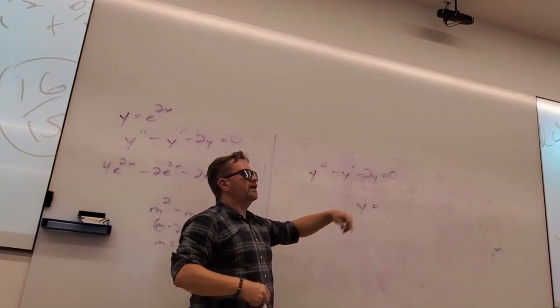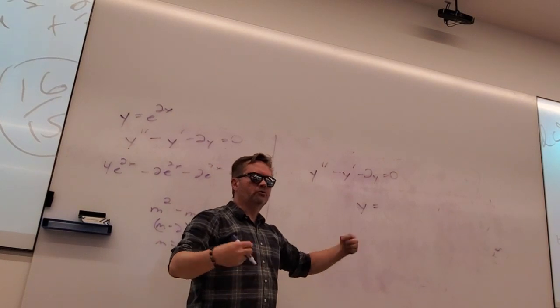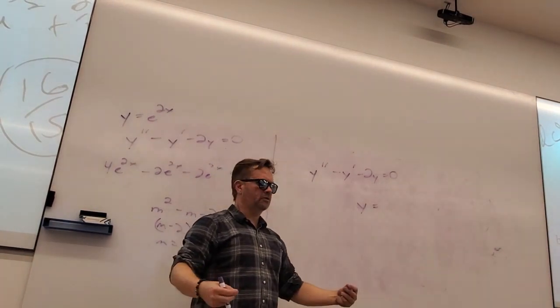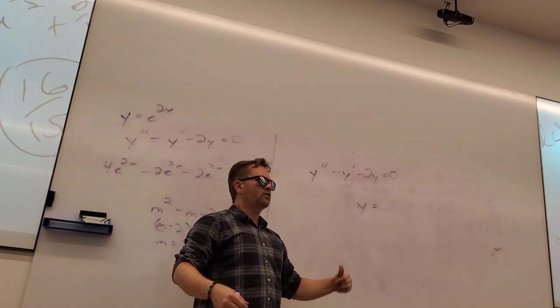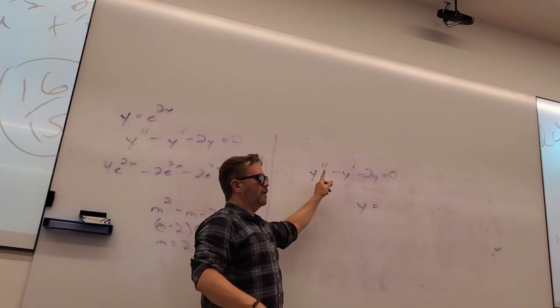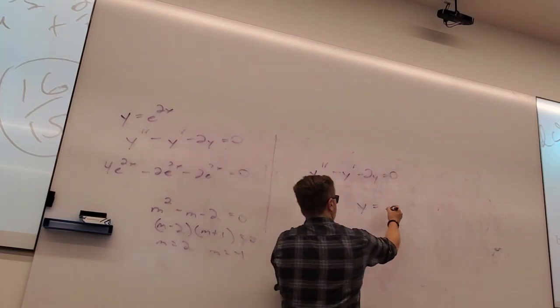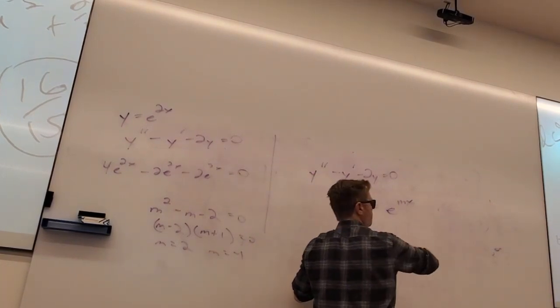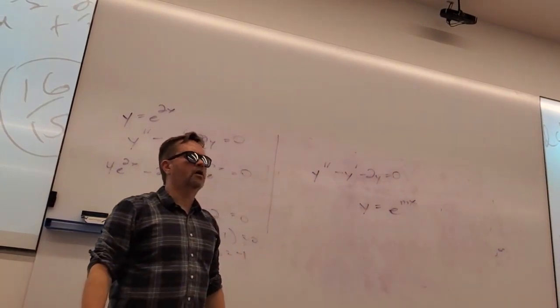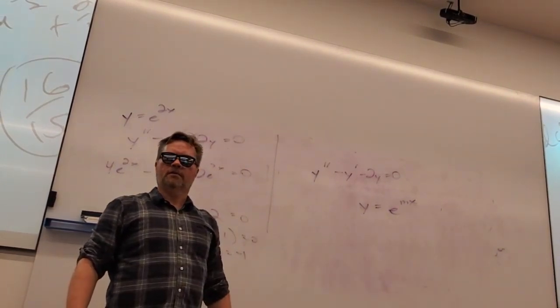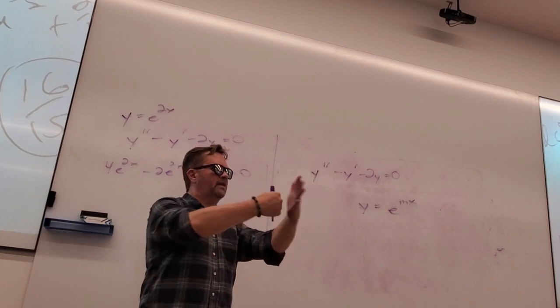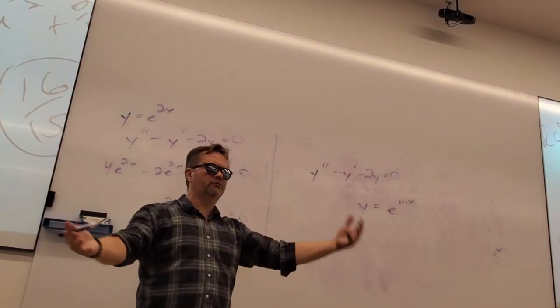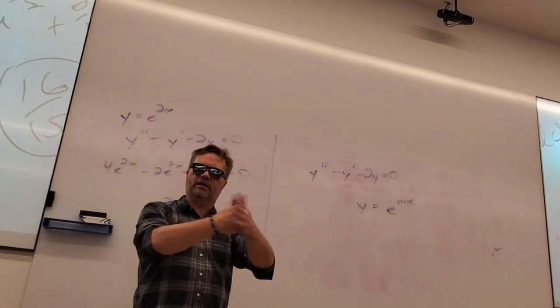A function that directly relates to its own derivative is an exponential. So on one level, it makes sense that a possible answer for this would be e to some constant times x, because its derivatives would be like terms with its other derivatives, and then it could possibly come together and make 0.